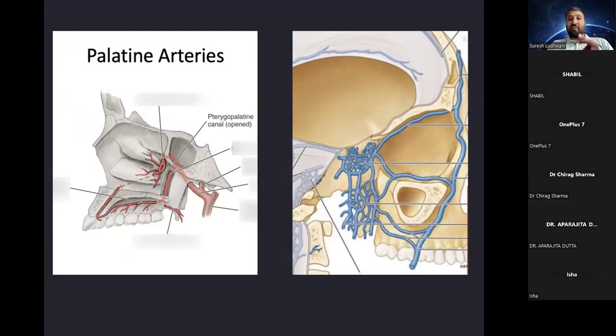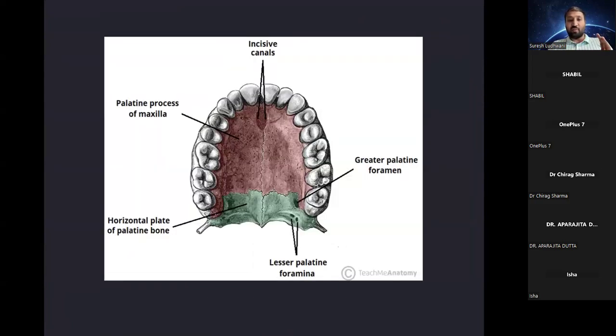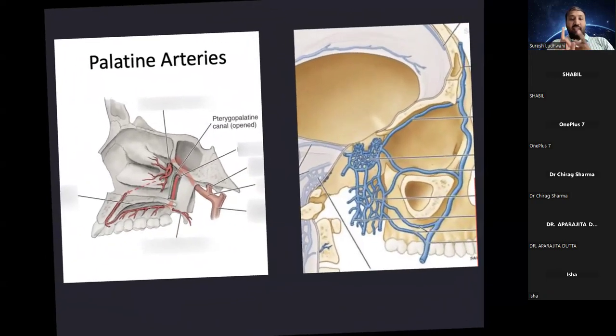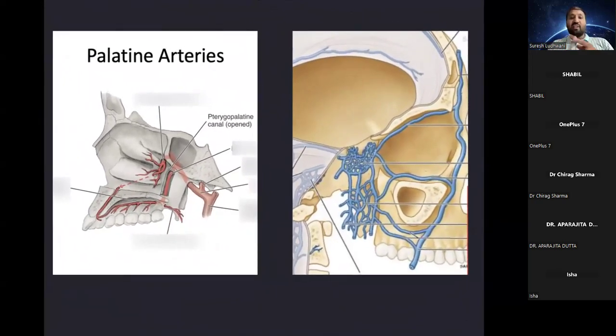This plexus, when injured, can lead to life-threatening bleeding. So again, I'm just going back. I want you to remember three things. One is the greater palatine foramen and lesser palatine foramen, which are present on the palatal side. And the next is the pterygopalatine canal and pterygoid plexus.